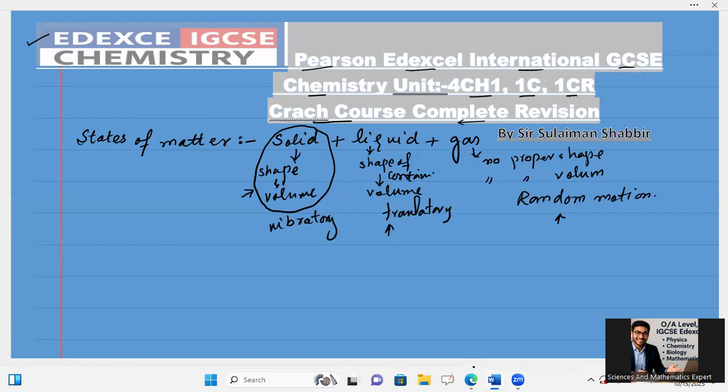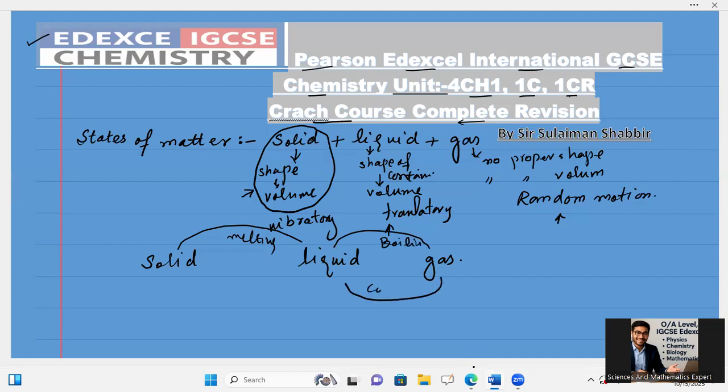If I go to changes of state, from solid to liquid and at the end gas: solid to liquid is called melting. Liquid to gas is called boiling. Gas to liquid is called condensation. And liquid to solid is called freezing.